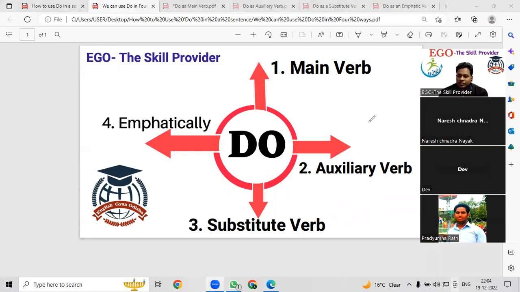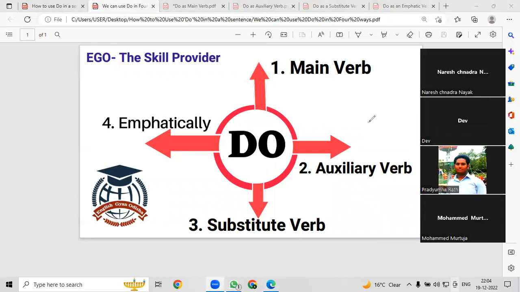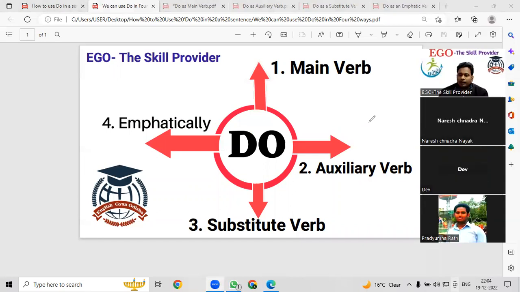The first situation is as a main verb. You can use do as an auxiliary verb or helping verb. You can use do as a substitute verb, and you can use do emphatically. You can use do as an emphatic form.